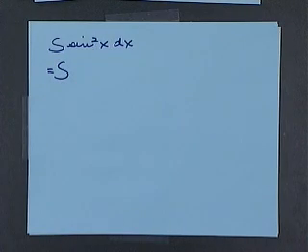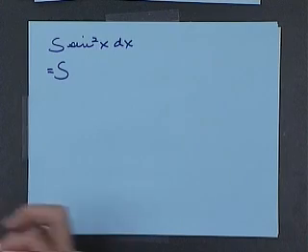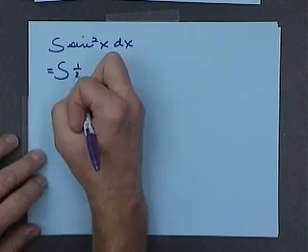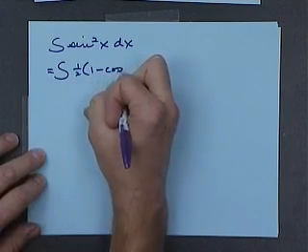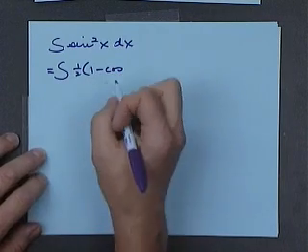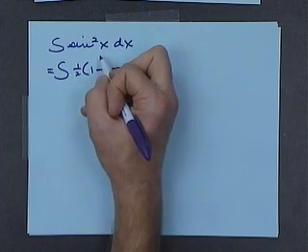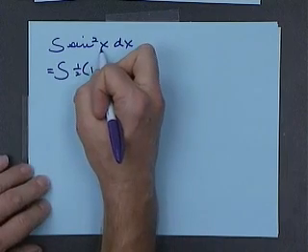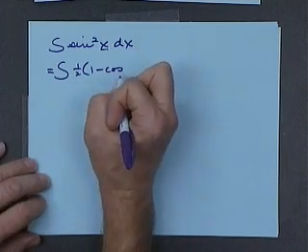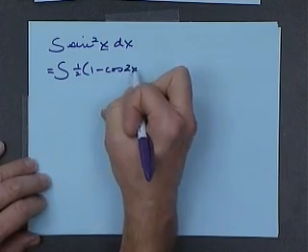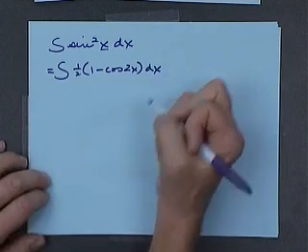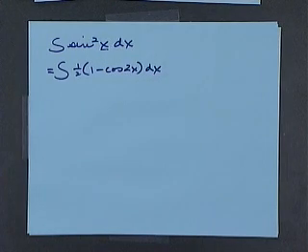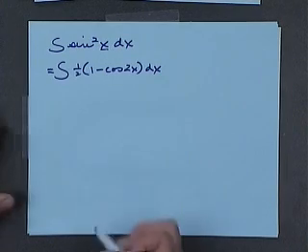For sine squared, we can replace that with 1 minus cosine of 2x. That seems like a small point, but this angle has to be half of the angle we're actually putting in here. Otherwise, it's not a legitimate identity. So that's the worst part. Everything else should be integrable from this point.